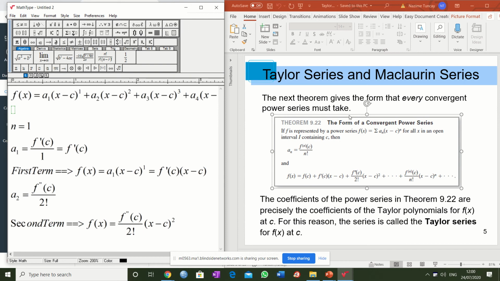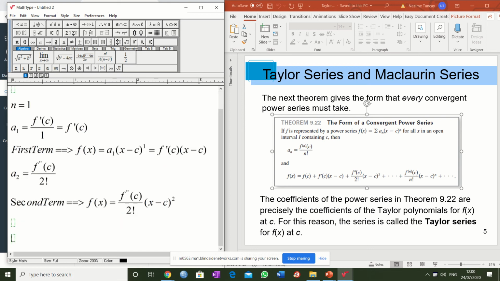Now, this type of series, if it is written in this form, is an infinite summation of a_n times (x minus c) to the power n.